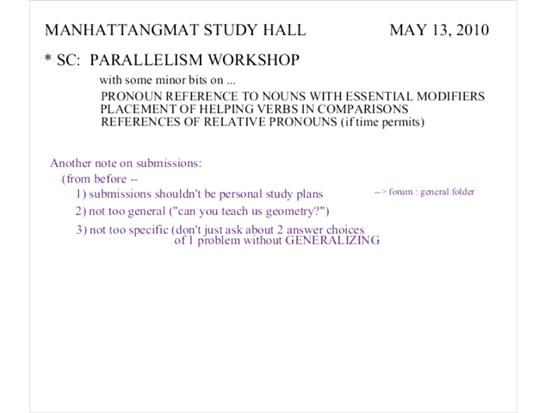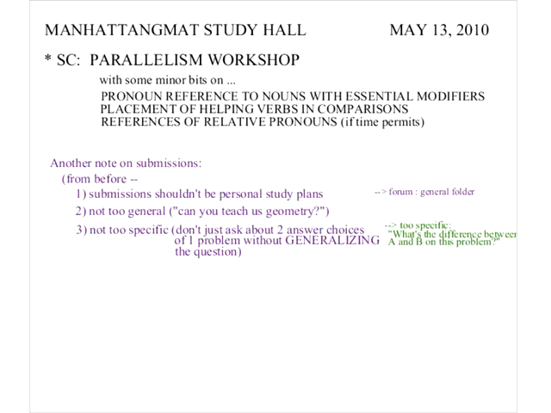It's okay to ask about one particular problem with a couple of answer choices, but if you do that, you've got to make sure you generalize the question. So if you want to say, I don't get between choice A and choice B here, what we don't want to see is too specific, something like, what's the difference between A and B on this problem?